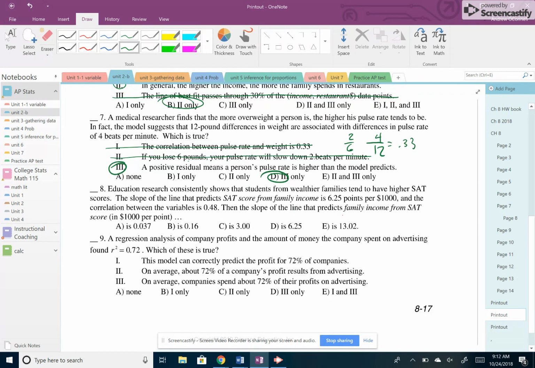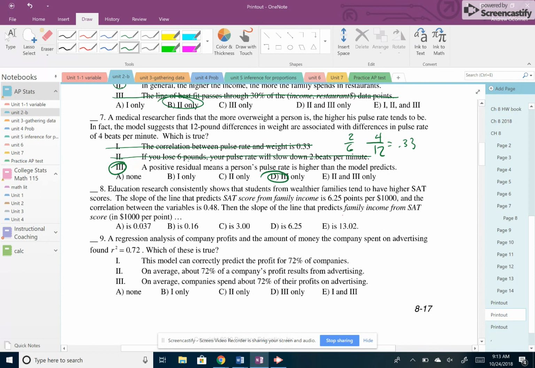8 is a little bit tougher than what I'd probably throw on a test, but it's fair game for AP. Education research consistently shows that students from wealthier families tend to have higher SAT scores. The slope of the line that predicts SAT score from family income is 6.25 points per thousand, and the correlation between the variables is 0.48.